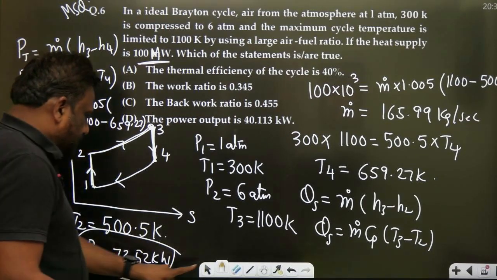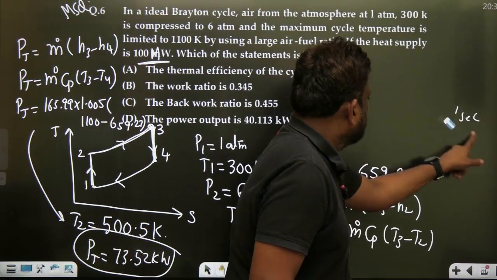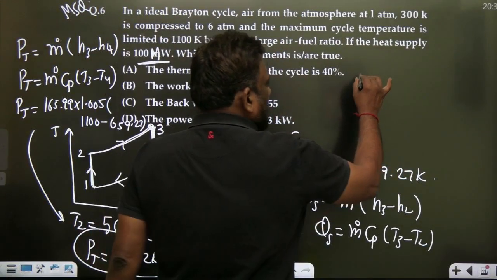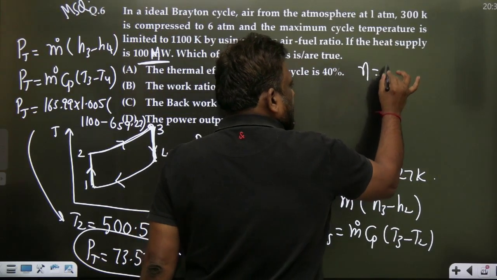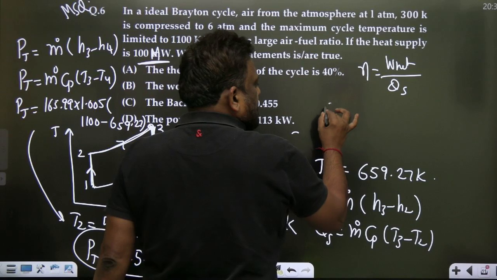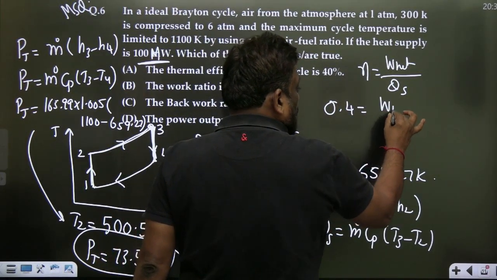Correct. Now, my dear students, we'll do one thing. Let's calculate the work ratio. We know that the efficiency can be written as net work by heat supply. The efficiency is already calculated as 0.4. Net work I do not know.